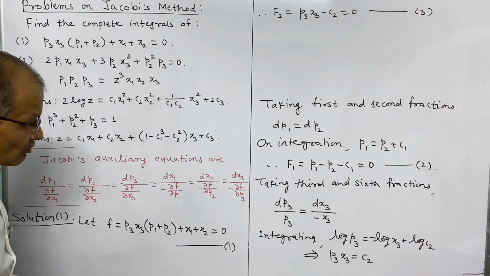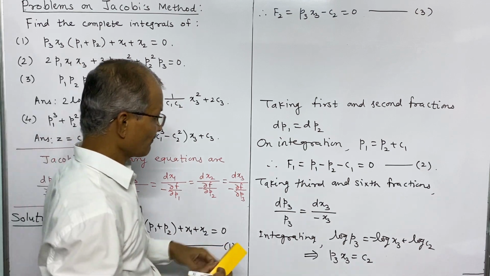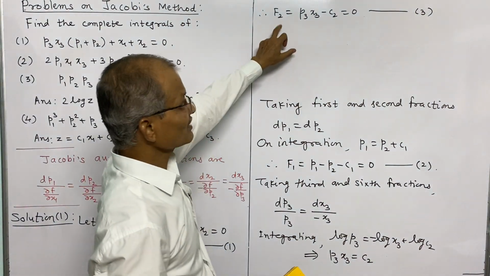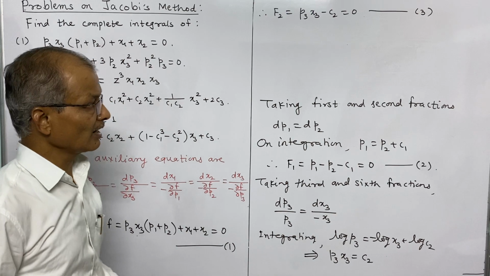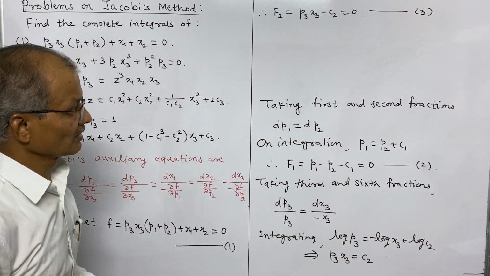Now one thing we have to check is that these values of F1 and F2 must satisfy equation number 11 that we have in Jacobi's method.